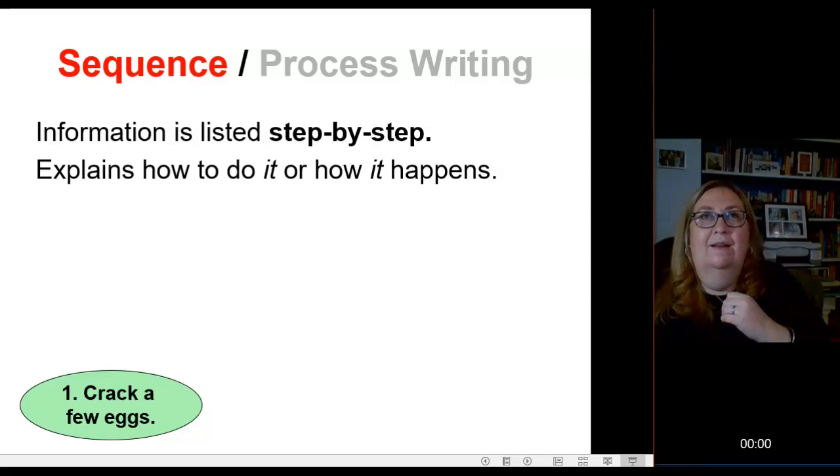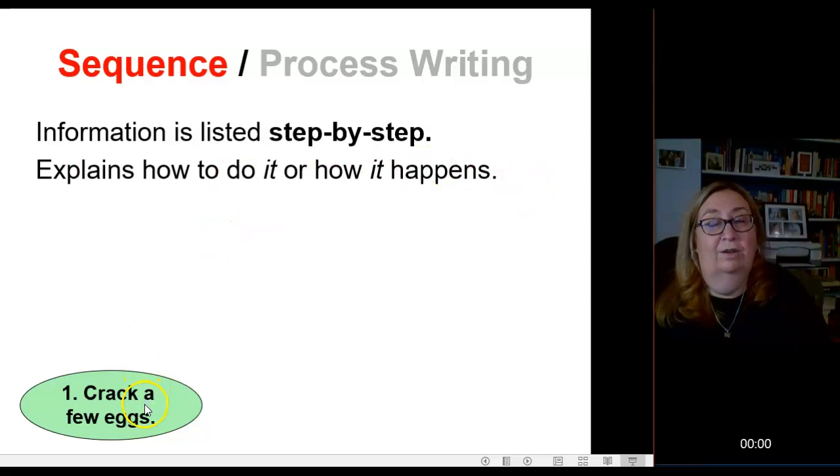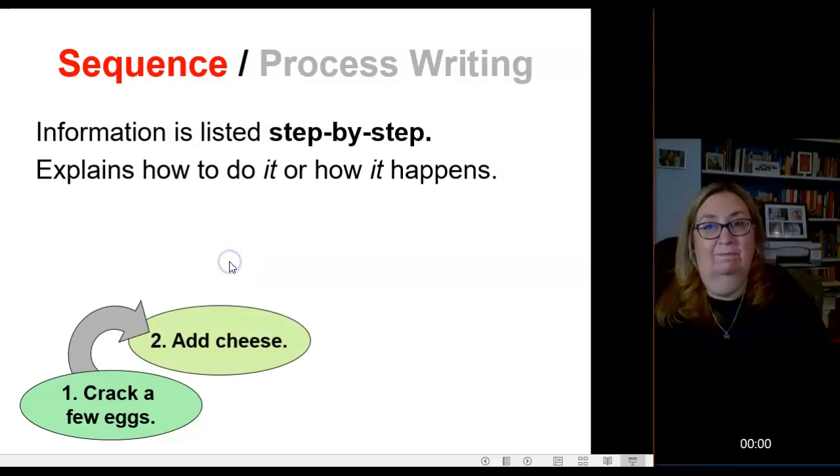We're going to be doing a project today where you're going to be writing some instructions, and I'm going to ask you to assume that I know nothing. But let's look at this example. So here we have some directions. Crack a few eggs. Well, I mean, I can go to my refrigerator and open the eggs and just get a little hammer and crack, crack, crack, crack all of them and then put them back in the fridge. Let's see what the next step is. Add cheese.